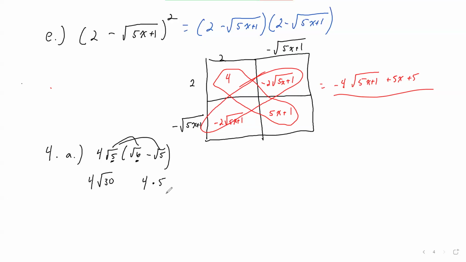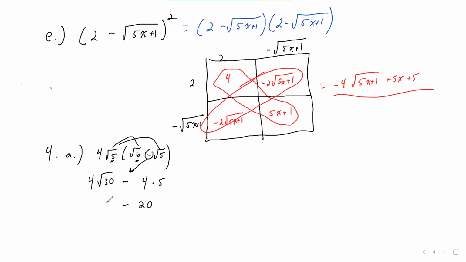But either way, you would have simplified and got to the 5 anyways. But what operation is right here? That subtraction sign still needs to come right here. Very good. And we would get 20.